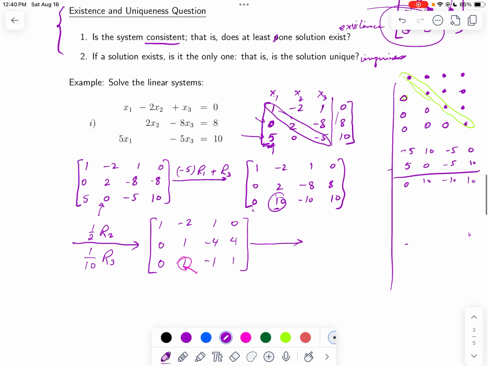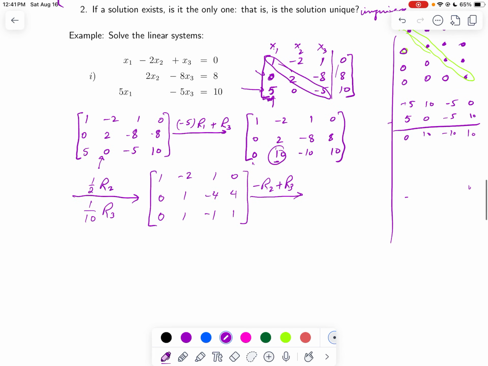I have the third row, so I am going to add a multiple of the second row to the third row. Which multiple? Because I have 1 and 1 here, I need one of them to be negative. So I'm multiplying the second row by negative 1, and then I'm adding it to the third row.